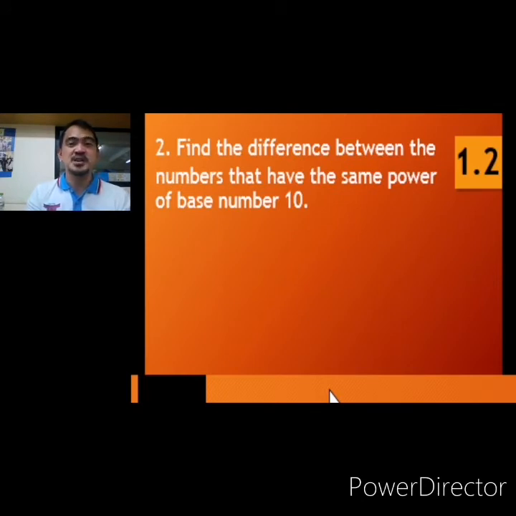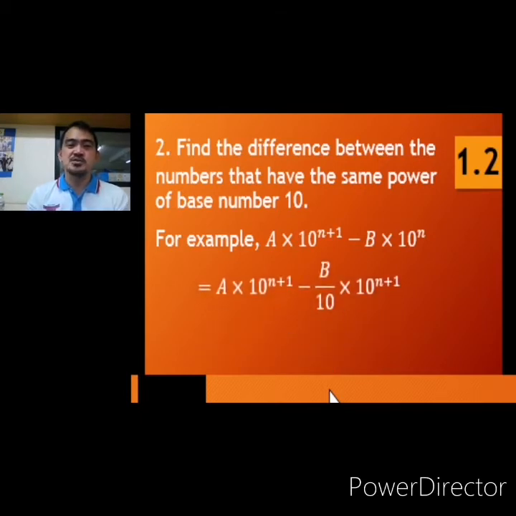Find the difference between the numbers that have the same power of base number 10. For example, a times 10 raised to n plus 1 minus b times 10 raised to n is equal to a times 10 raised to n plus 1 minus b over 10 times 10 raised to n plus 1, which is equal to the quantity a minus b over 10 times 10 raised to the power of n plus 1.